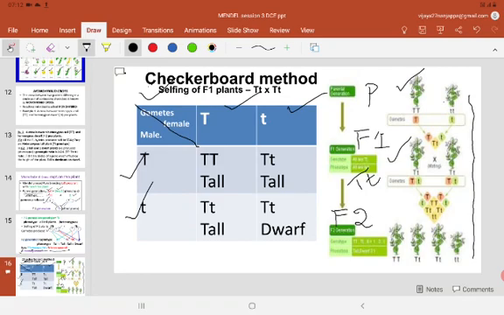By filling the checkerboard, we can get the probable genotypes among the F2, where there is 1 homozygous tall, 2 heterozygous tall, and then 1 homozygous dwarf. The same thing is represented in the checkerboard method.